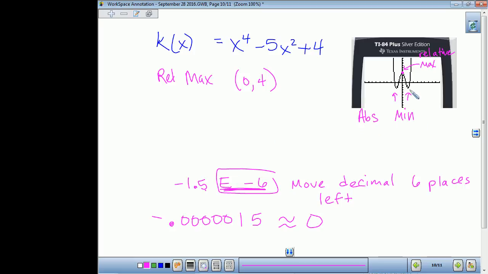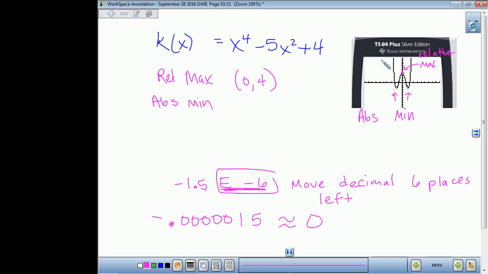Now, on this one, this gives us the absolute minimum value of the function. And so the absolute minimum value of the function is negative 2.25. But it occurs at 2 different points, doesn't it?